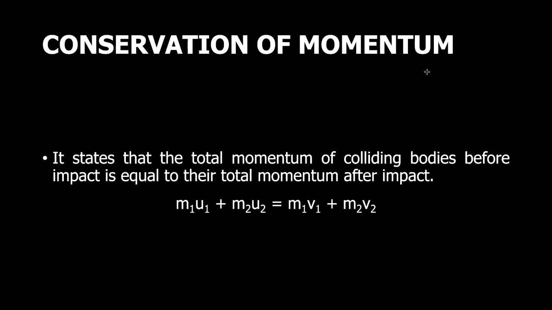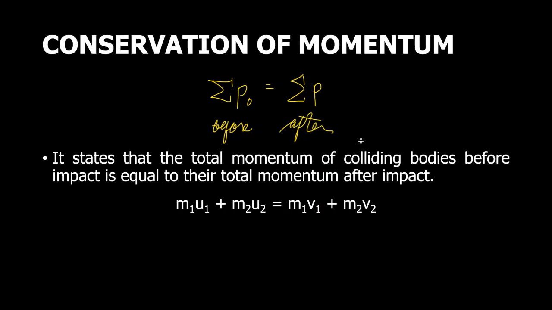So technically, it's just the sum of the momentums of the individual bodies before is equal to the sum of the momentum of the individual bodies after. So this is before, and this is after.